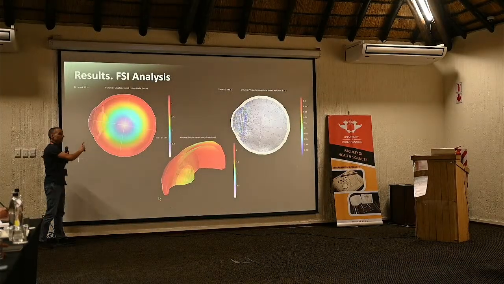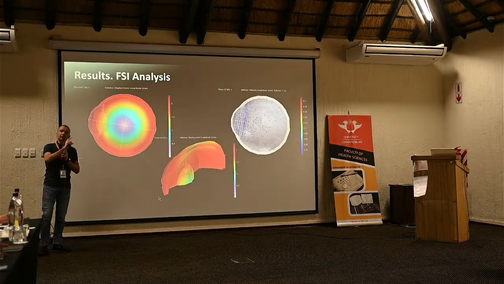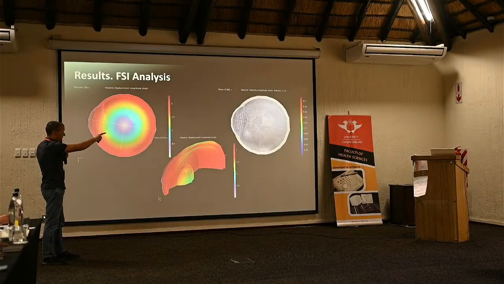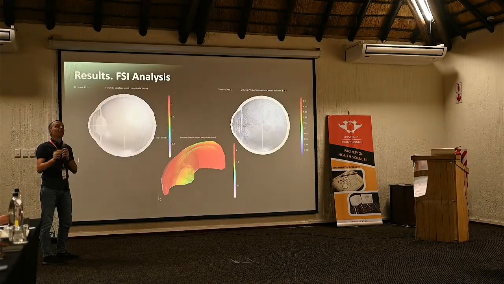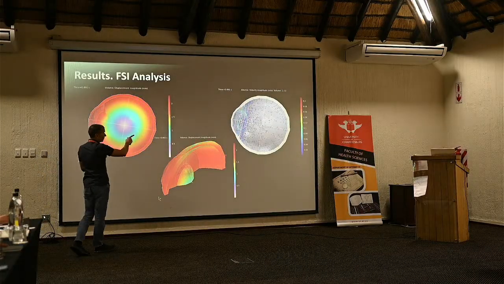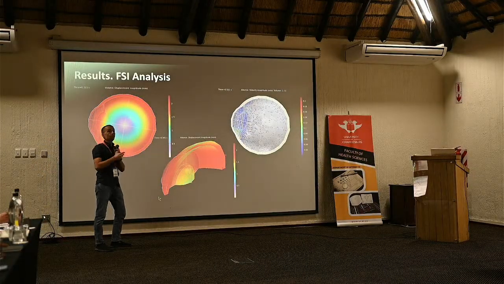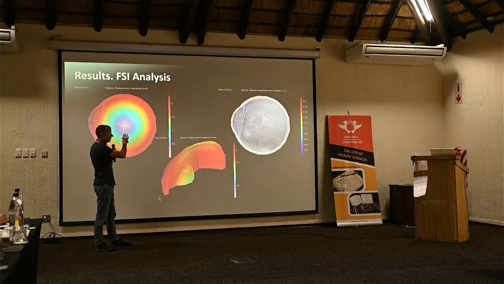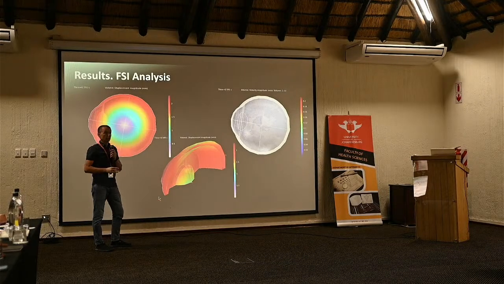So these are results that refer to the structural part of the model. On the right-hand side, you can observe the fluid part. In this case, we are looking at the vector field that represents the velocity of the points of the fluid inside the anterior and posterior chamber and the vitreous one.